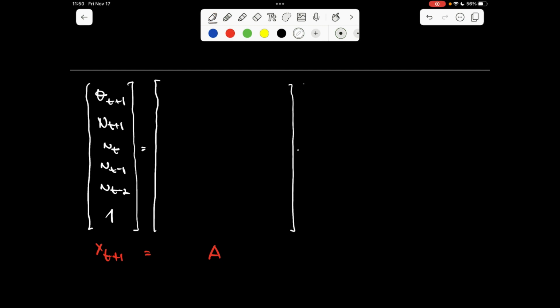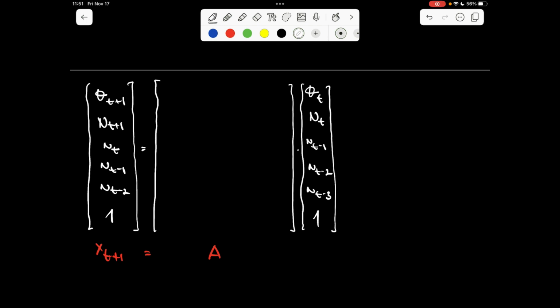This is the easy part, the state vector in t. All right, this is x_t.